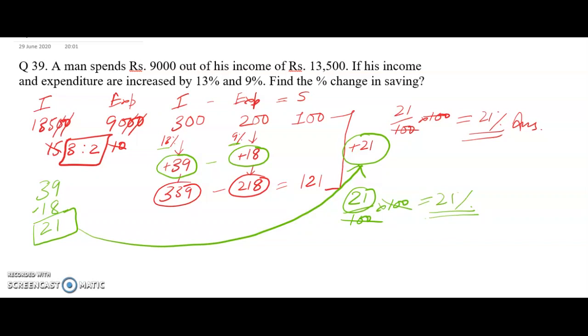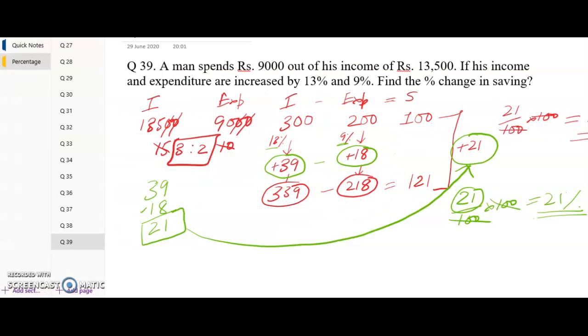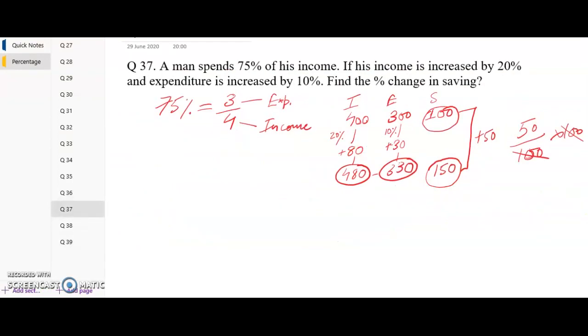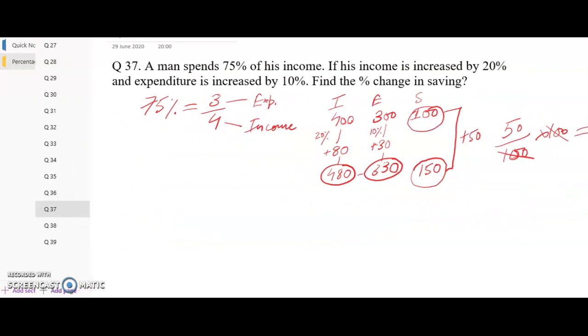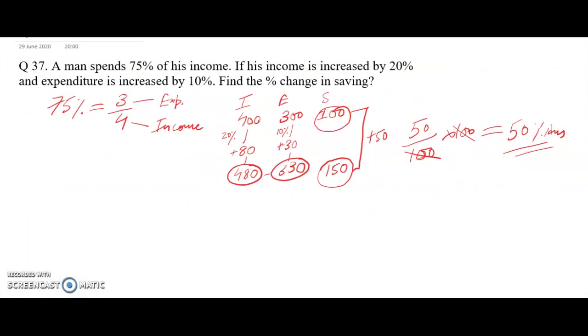Let's do one thing. Let's try to see it in previous questions. Let's say we have 37. In this question, the income was 400 units. The expenditure was 300 units. Now, income was increased by 20%, which is 80. And the expenditure was increased by 10% of 300, 30 units.